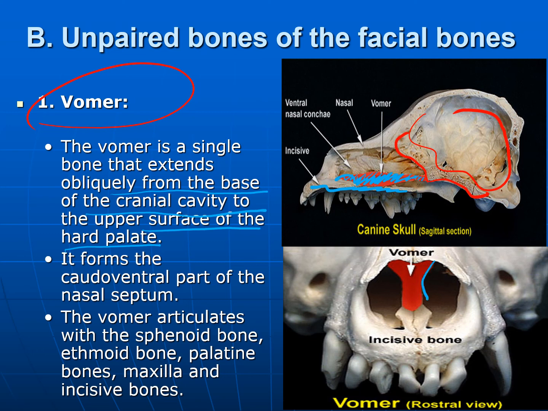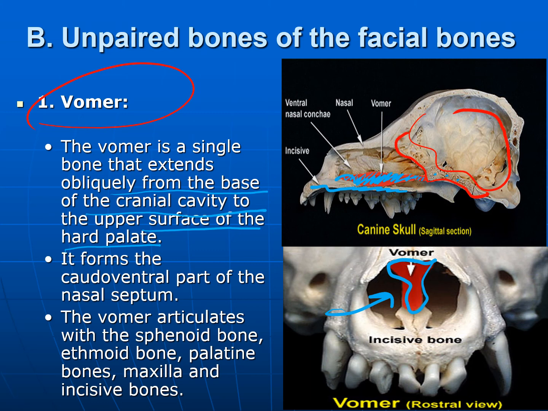This bone here is the vomer bone, and it helps in the formation of the nasal septum. As you can see, it articulates with the sphenoid bone.